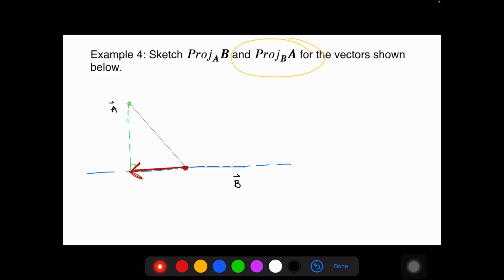And then I sketched the component of A, or the shadow of A, in the direction of B. And that is drawn in red. Another way of thinking about that is I took the end of vector A and dropped it down to the blue vector B, and that's how I found my projection. So again, a projection is similar to a component.